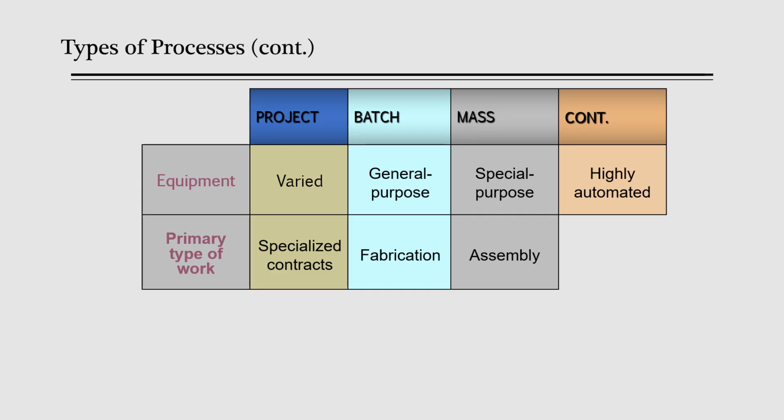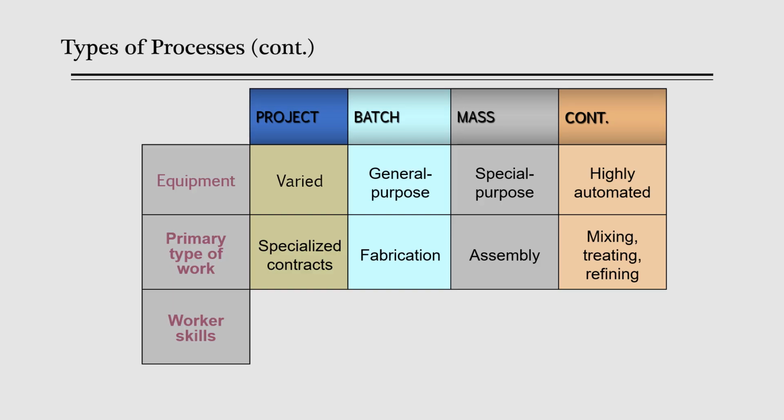And in the mass production, you can see assembly, which means they are going to assemble the product in different stages. When it comes to continuous production, you can see there is mixing involved, treating involved, refining involved. There are several stages. There is a continuous production process in each stage.